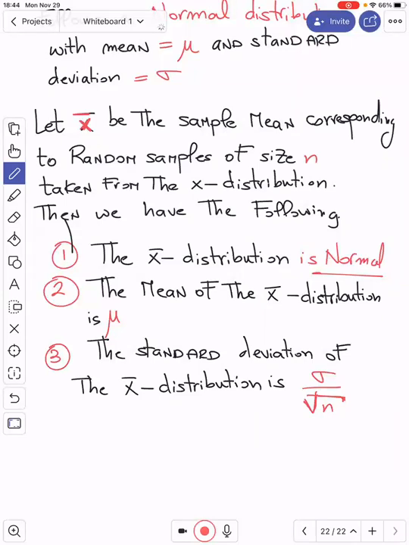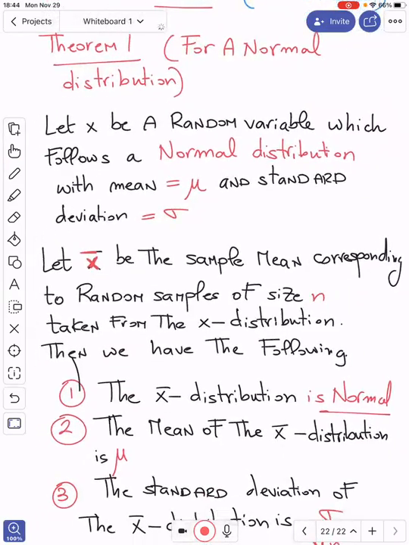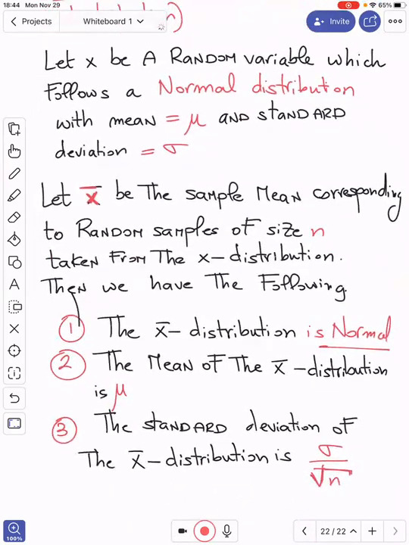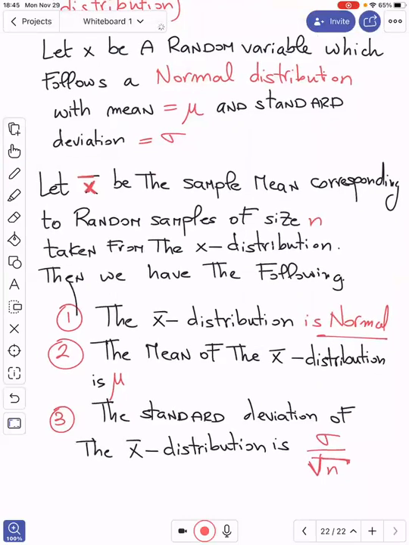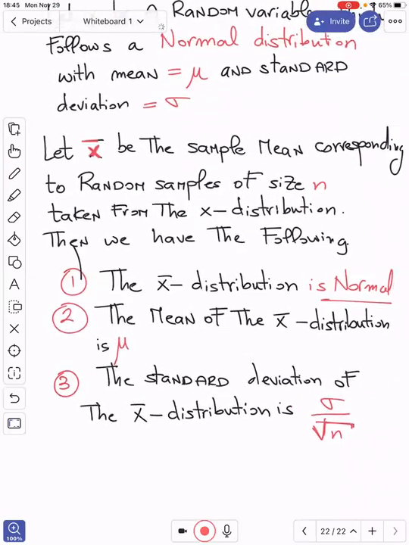What the theorem is saying here is that you have this x, a variable which follows a normal distribution. And then you have the x bar, the sample mean corresponding to random samples of size n. The size of the samples is fixed.